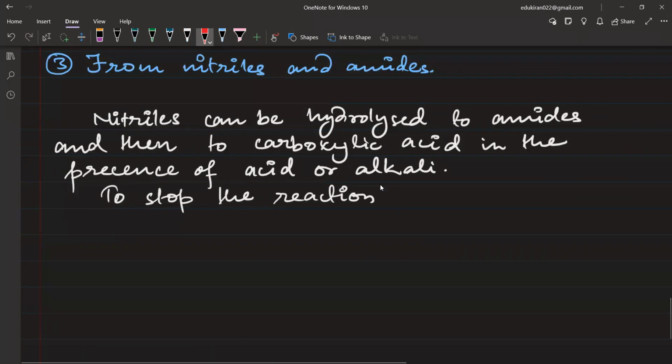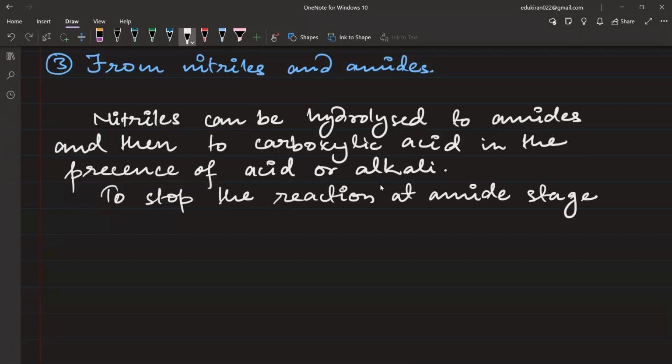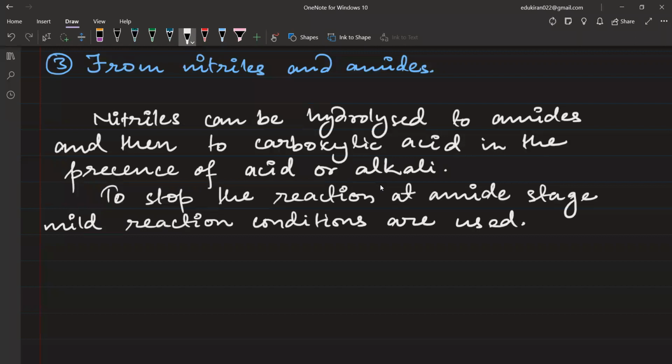To stop the reaction at the amide stage, mild reaction conditions are used. So for example, if you have RCN, you add water in the presence of H plus or OH negative.